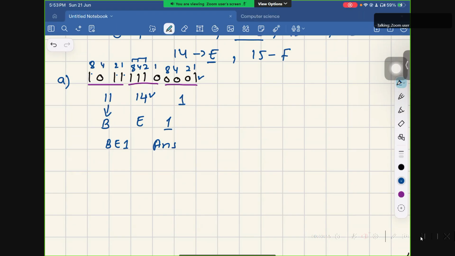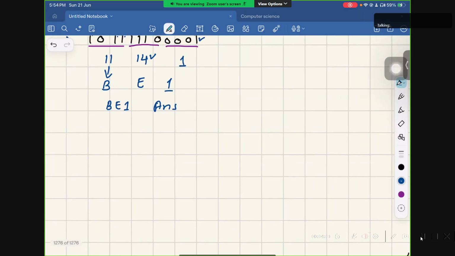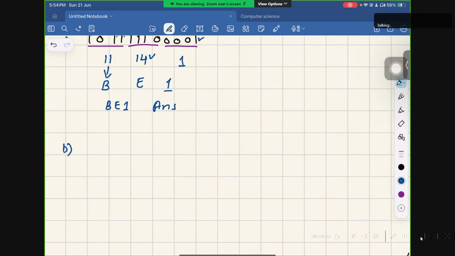Let's see another example. 1000, then 111, 111, and 101. Again, the procedure is the same.